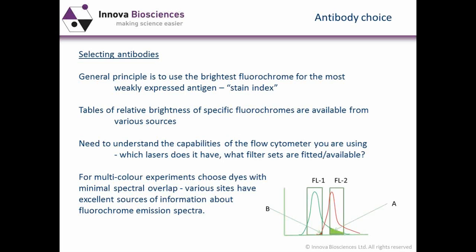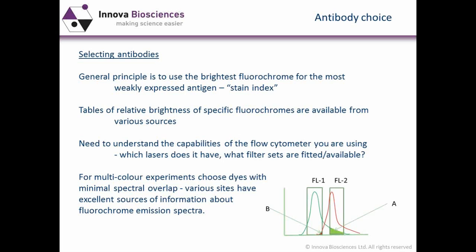When you're undertaking multicolor experiments, choose dyes that minimize the spectral overlap. There are various sites, and I'll mention some in just a moment, that have excellent sources of information about emission spectra of different fluorochromes. As you see from the diagram, this is a simple diagram of fluorescein overlapping with phycoerythrin, but fluorescein can overlap into the phycoerythrin channel and vice versa.